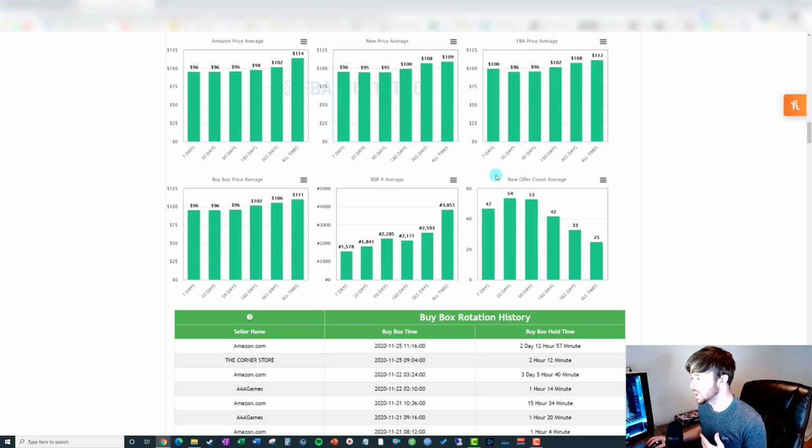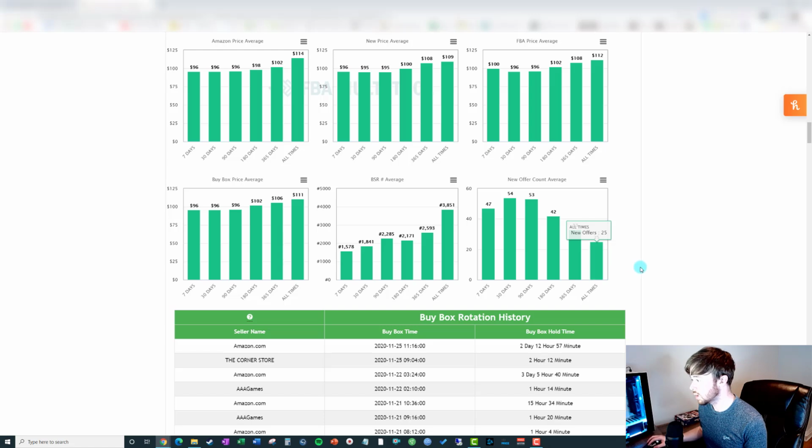And then this is just incredible for Lego investors. New offer count average. This is the average number of people who are on the listing. New offer is people who are selling the item in new condition. So now you can directly see the supply of the set and whether it's going up or down. That is so incredible.